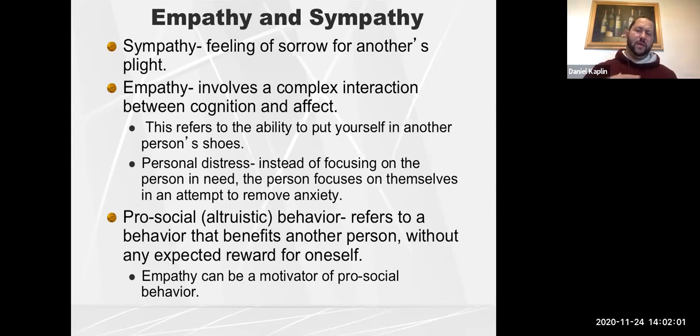So that's empathy, being able to feel the pain as if you were the person themselves. Now, empathy is acquired at about 2 to 3 years old. And empathy is a strong motivator of pro social behavior like helping and altruism or whatnot.